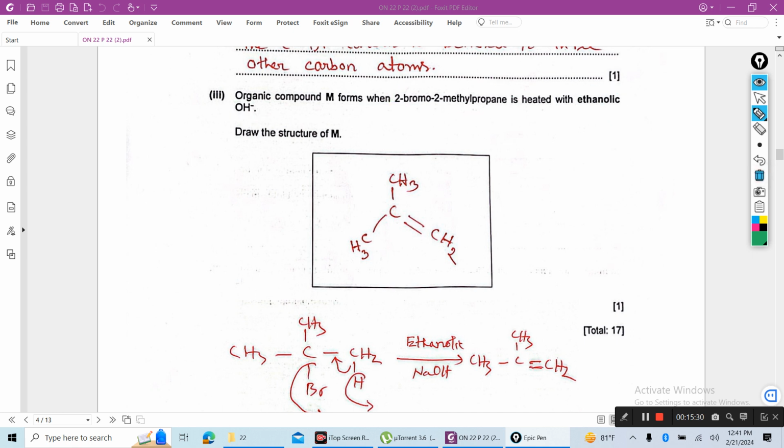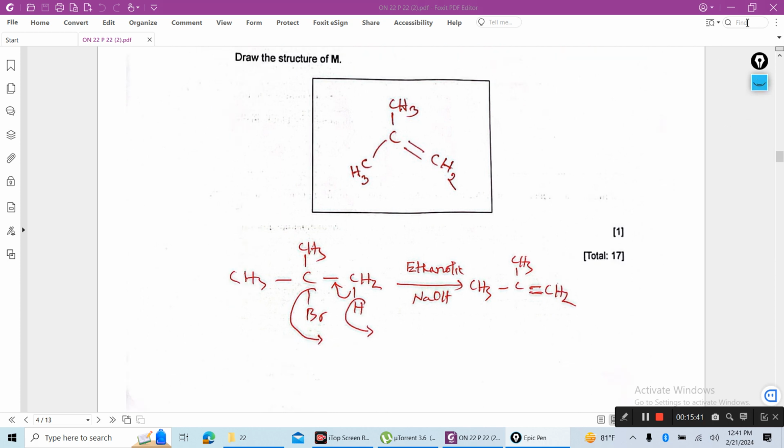You see, this 2-bromo-2-methyl propane. Here bromine goes as bromide, 1 hydrogen goes from the neighboring carbon of bromine, and this bond goes to form a double bond.